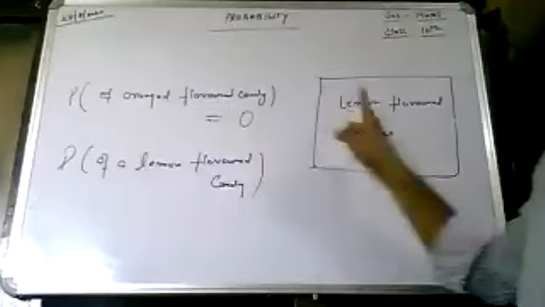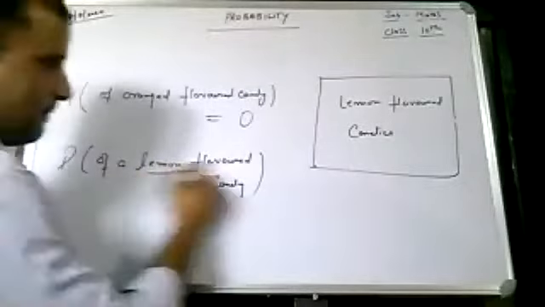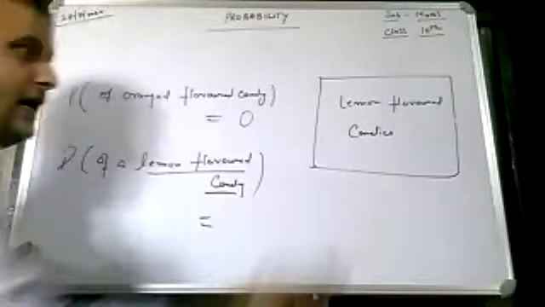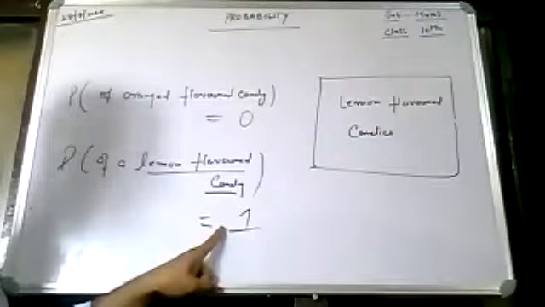So this is only lemon. From a lemon bag only lemon candy will come out. Clear? So probability is 0. So what will be the probability of a lemon flavored candy? 1. What will always come out? Lemon, because it is only lemon. Probability is 1, that is 100%. This is called an impossible event. This is called a sure event or certain event.